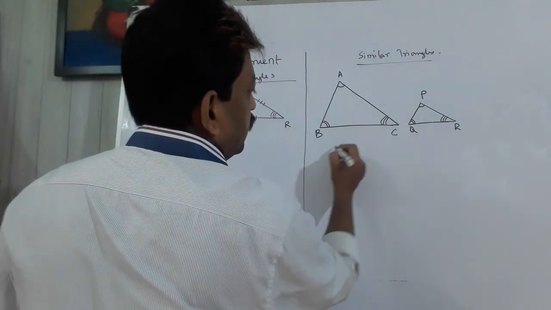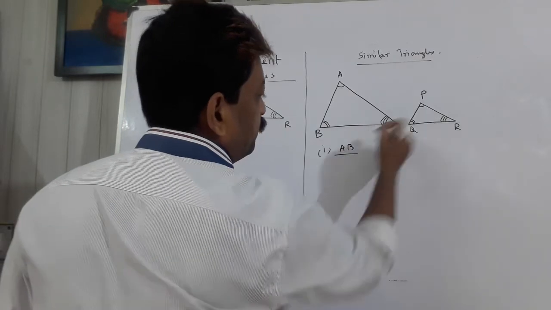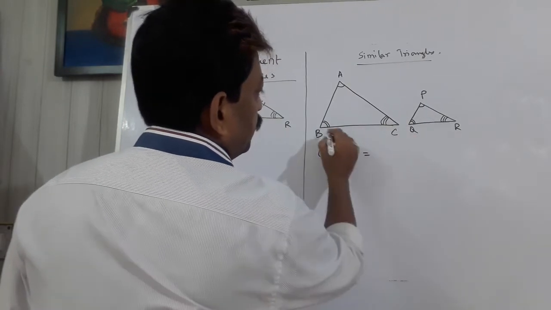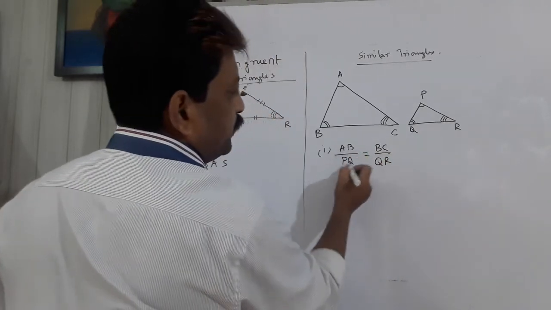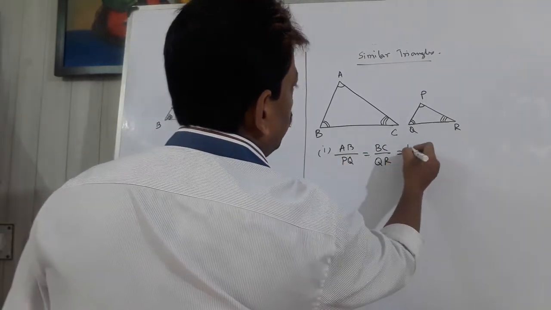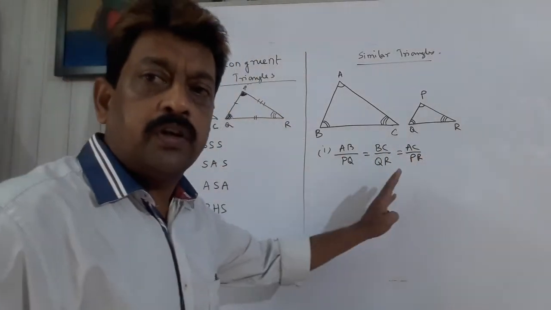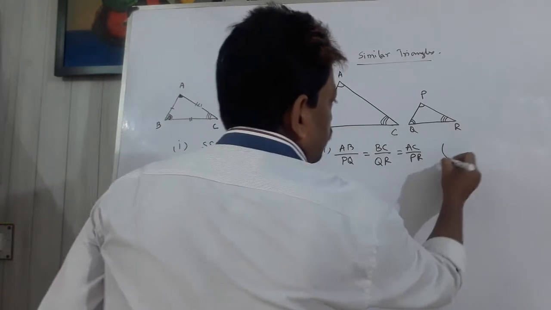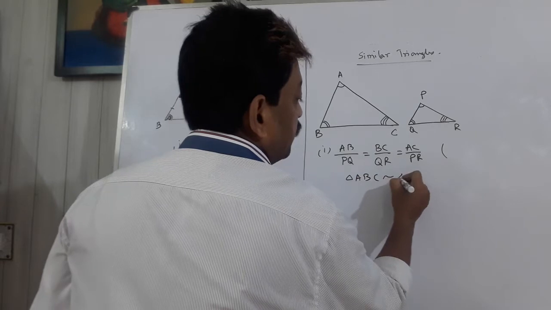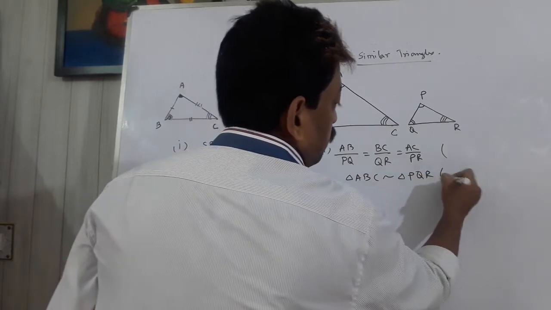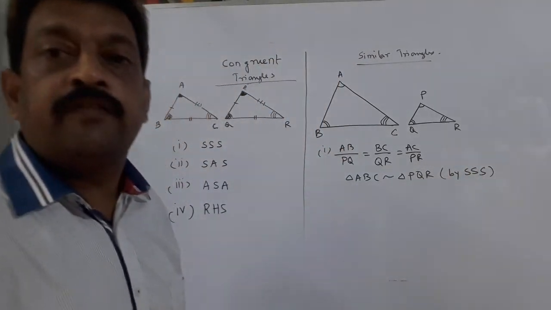The first one: if AB upon PQ equals BC upon QR equals AC upon PR, that is, if all the three sides of both the triangles are proportional, then these two triangles are similar. Triangle ABC is similar to triangle PQR by the criteria SSS, since all the three sides are involved here.